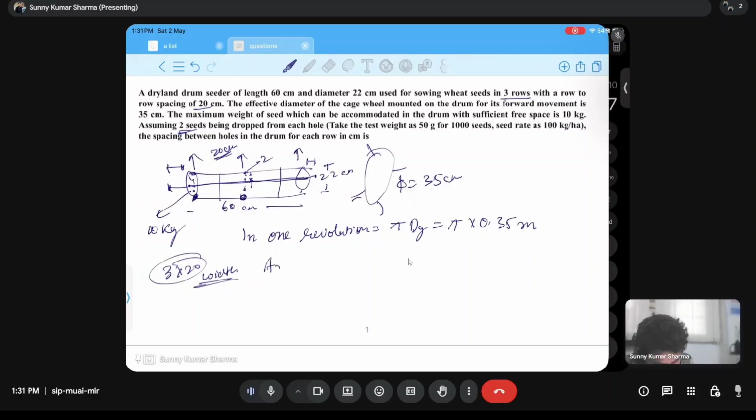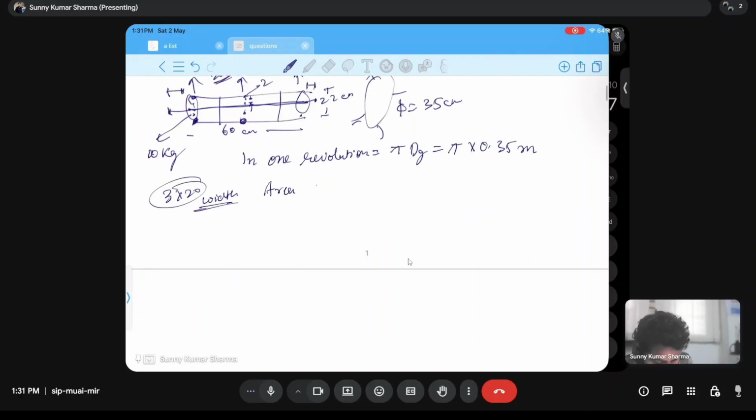So the area covered in one revolution will be 3 into 0.2 into pi into 0.35 meter square.